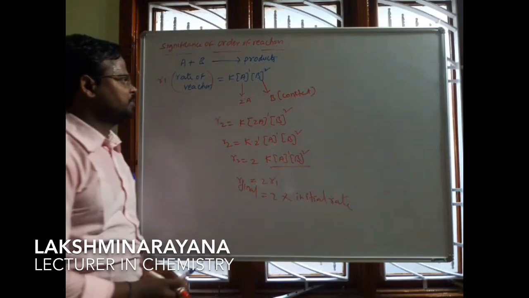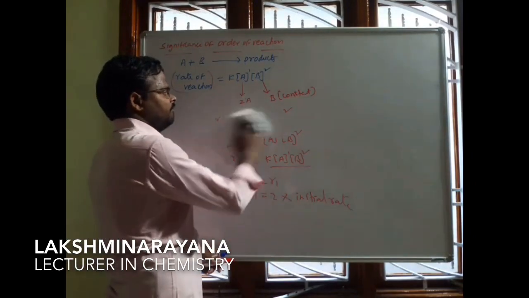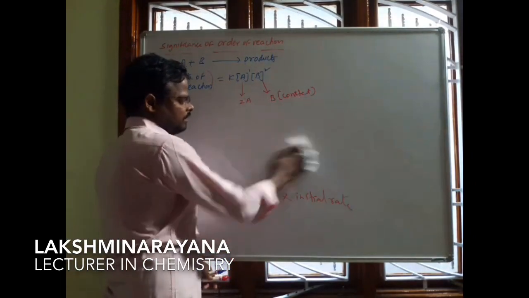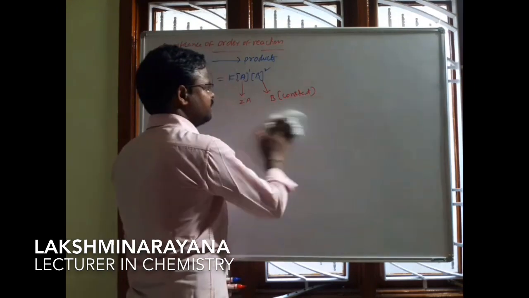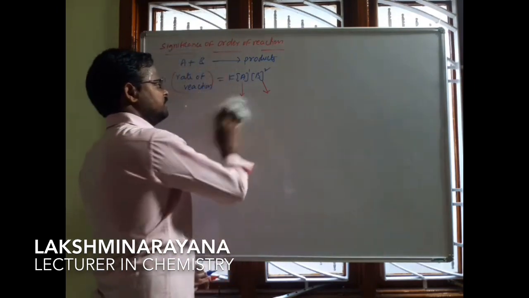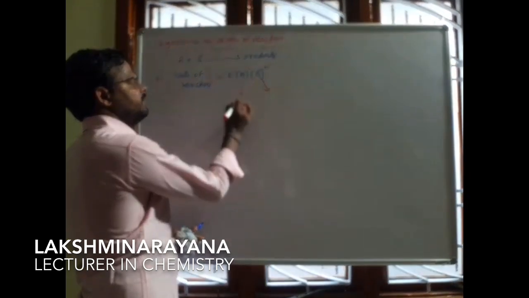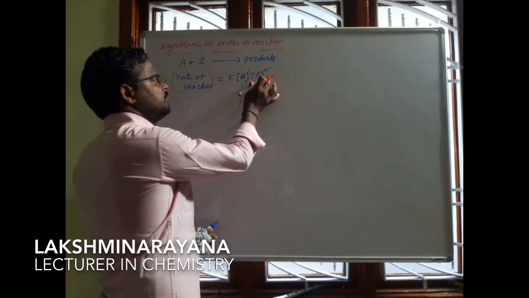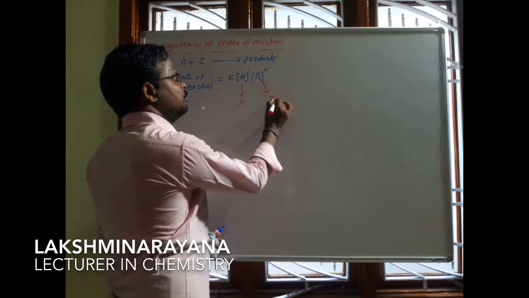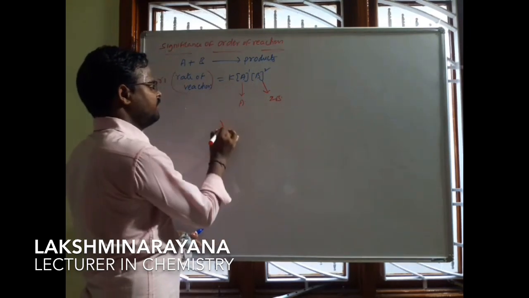Okay. Suppose I keep the concentration of reactant A as A only, and the concentration of reactant B is 2B. Then what about the final rate?